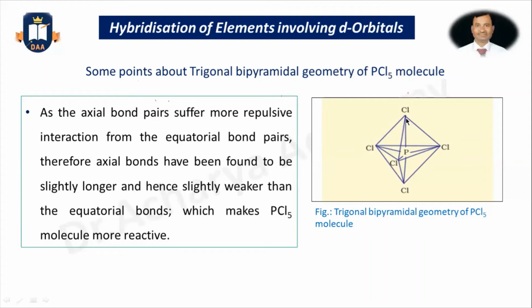So this bond will move up further and this bond will move down further, and hence they are slightly weaker than the equatorial bonds. And that is why the PCl5 molecule is more reactive.